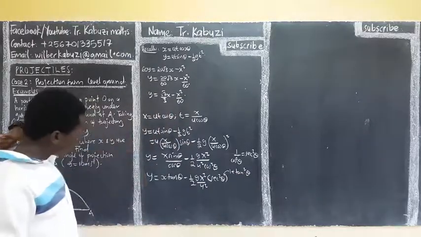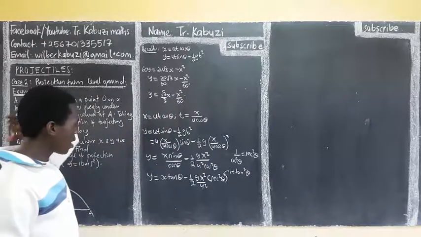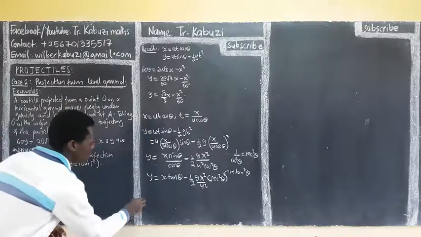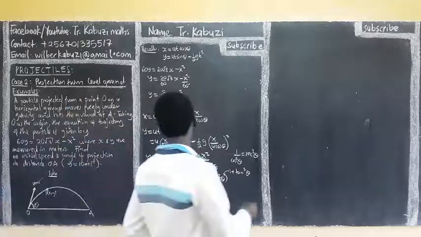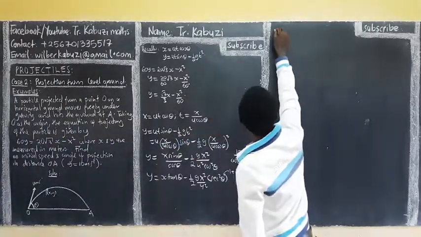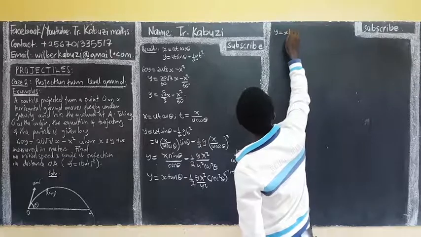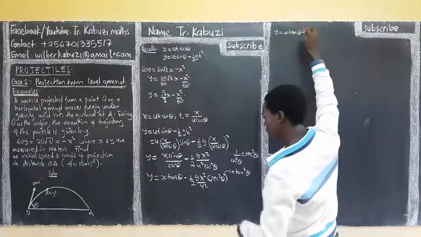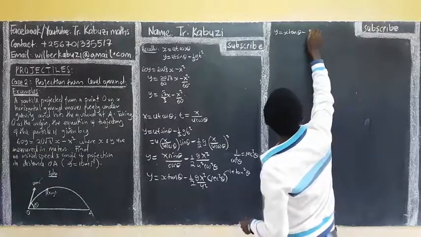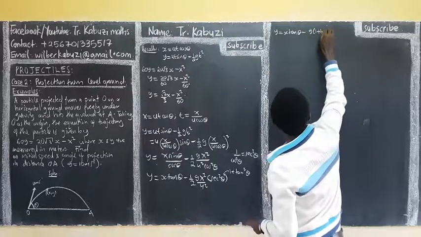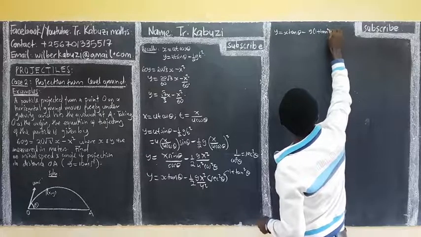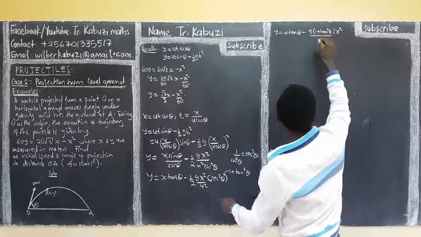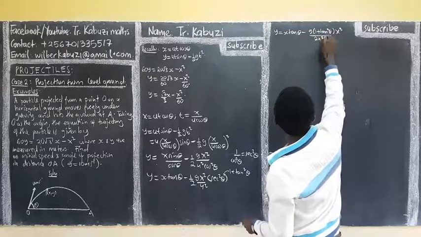So I might just do that so that I can easily compare. Okay, so from there, you can see that my y is equal to x tan theta, then minus g into 1 plus tan squared theta x squared, the whole over 2u squared.